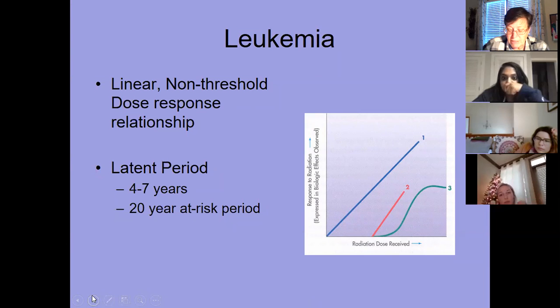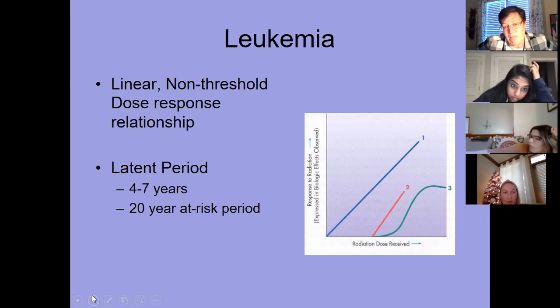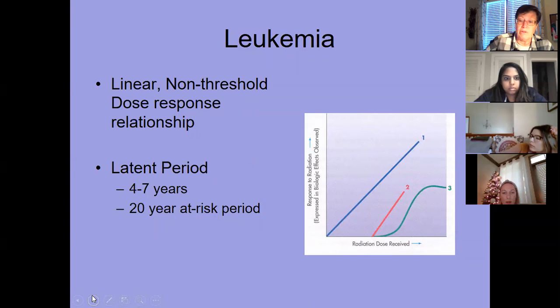So a 3-to-1 relative risk. The ankylosing spondylitis patients had a relative risk of 10-to-1. So they were 10 times more likely than the general population to develop leukemia. So there is definitely a link between radiation exposure and leukemia.